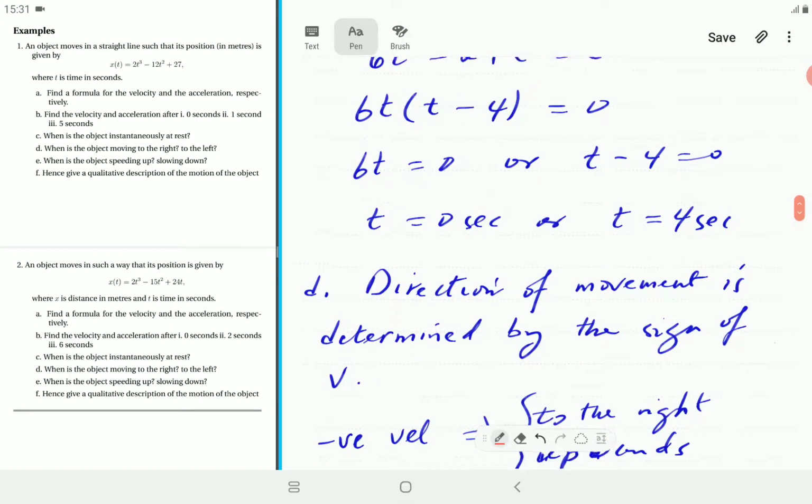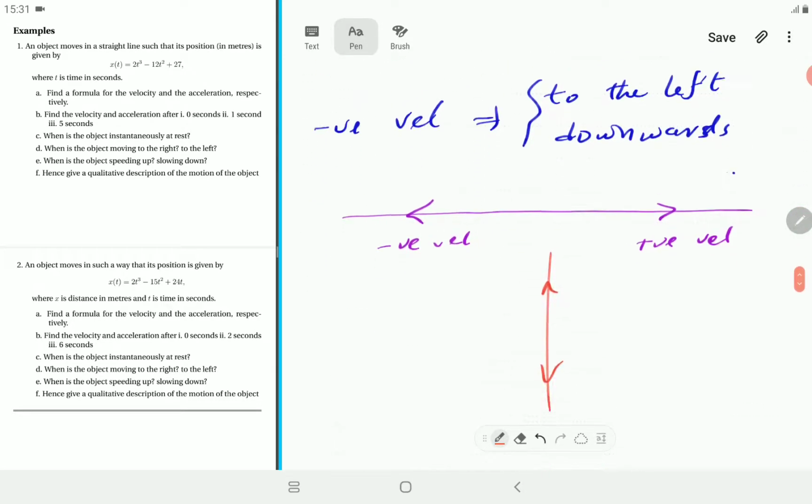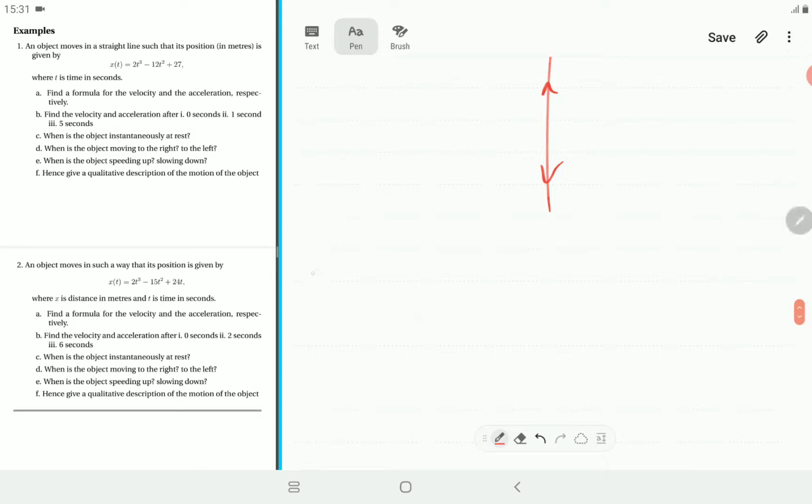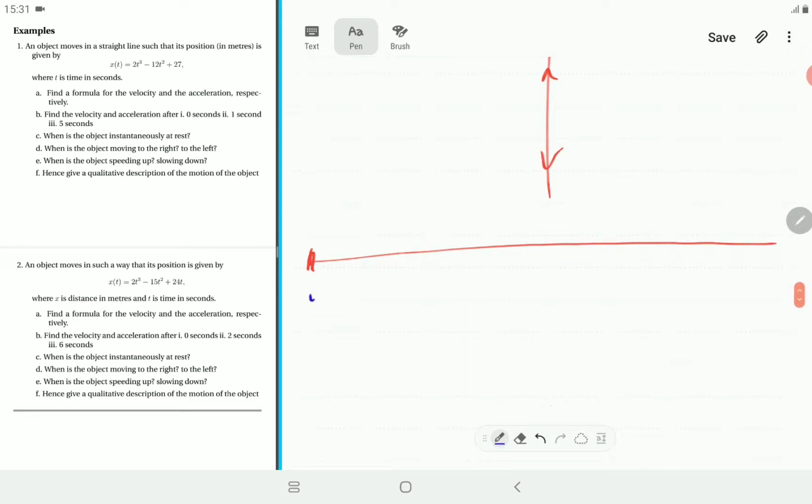Alright, so for our example, what we're going to do is we already know where this velocity is 0. So we're just going to do a timeline, and when t equals 0, we know that v is 0 here, and when t is equal to 4, we know that v is 0 there.